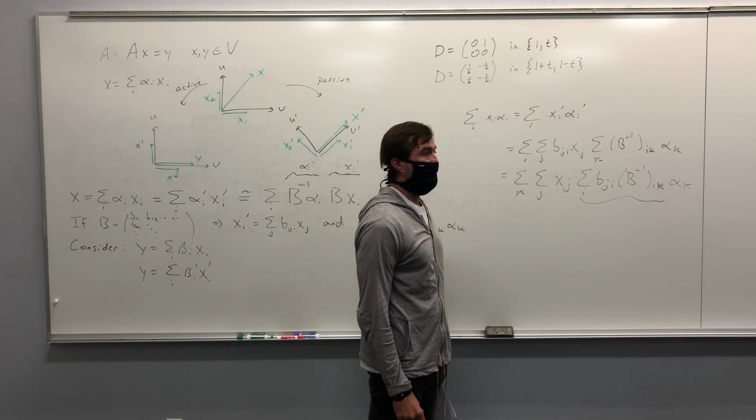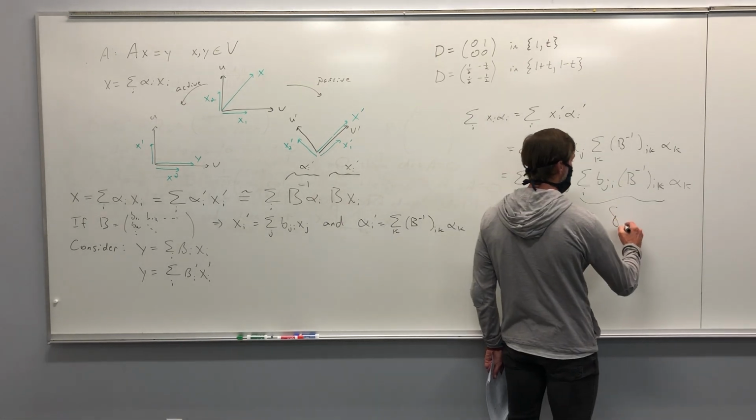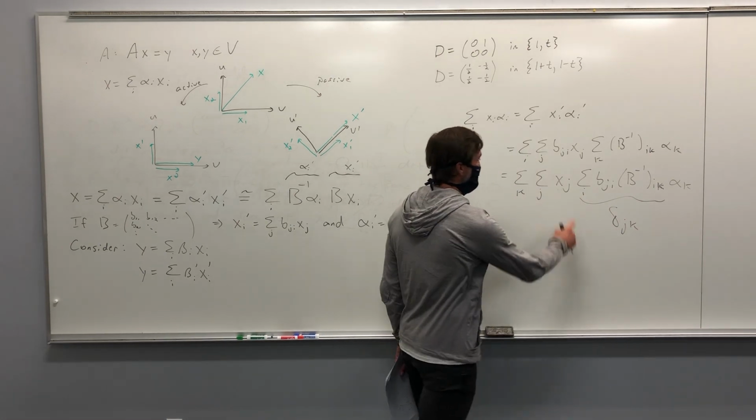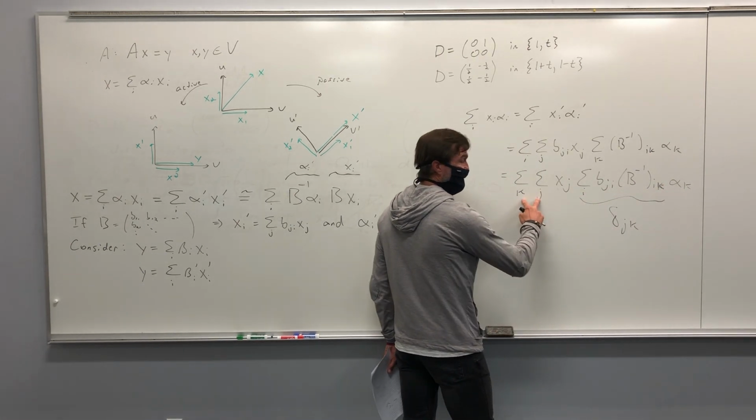That is the identity. It's delta j k, which says that these have to be the same, which says that these have to be the same.